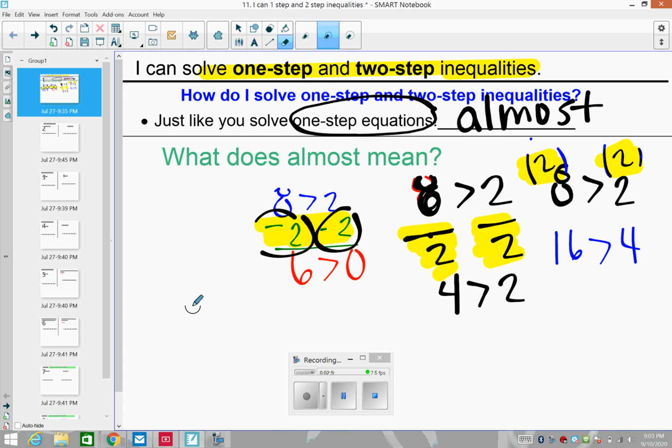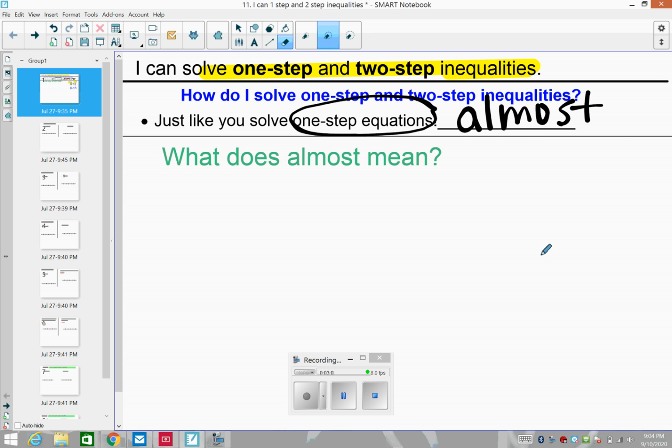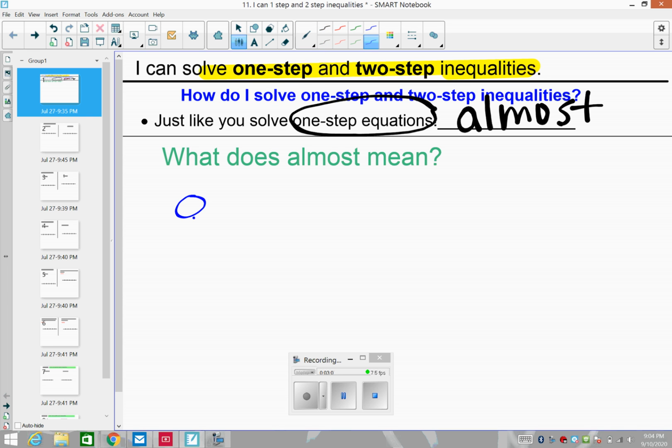So what happens, though, if we get some negatives in there? Let's see what happens. We're going to take that same statement, 8 greater than 2. So far, there's been no effect through addition, subtraction, multiplication, or division of 2. But what happens if we divide by negative 2?